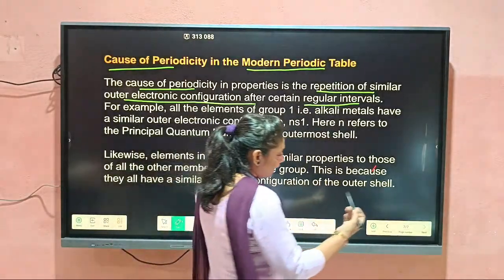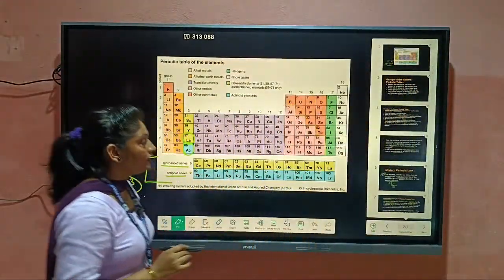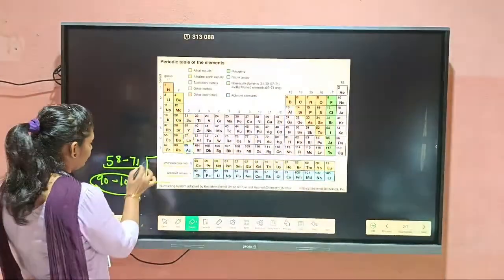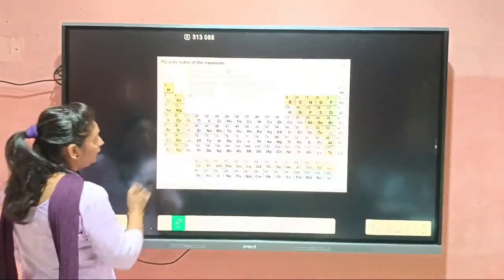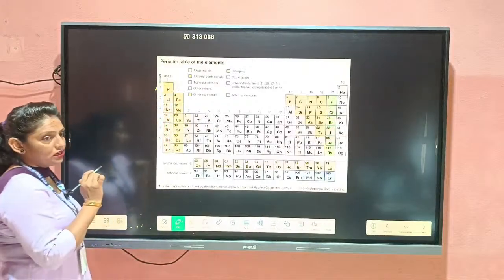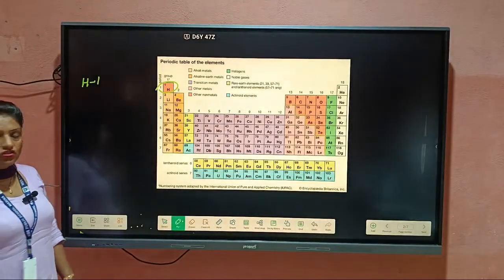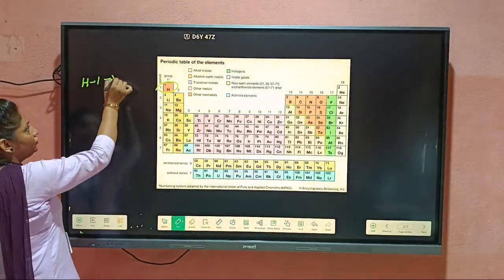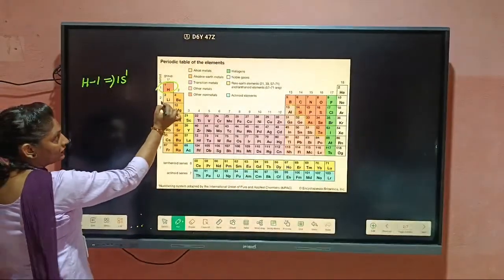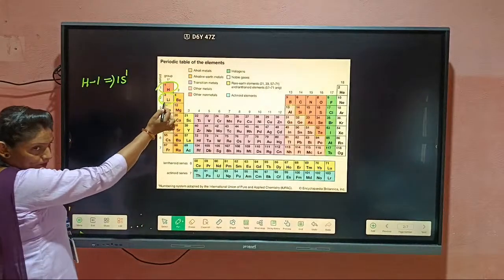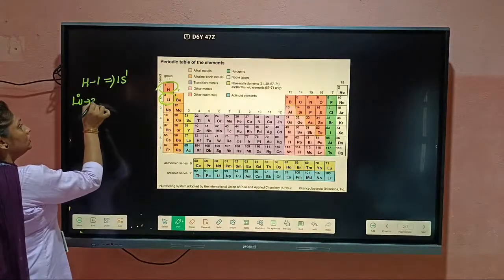You can see this with the help of the table here. This is hydrogen. What is the atomic number of hydrogen? 1. So what will be the electronic configuration? 1s1. Then the second element of this group will be lithium, atomic number 3.